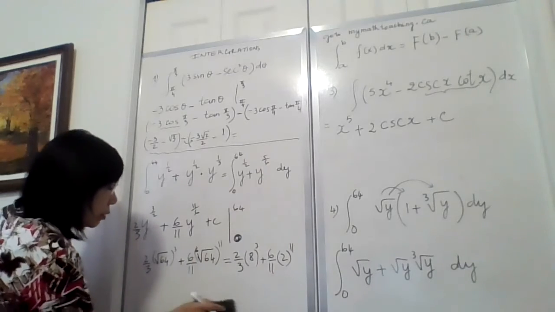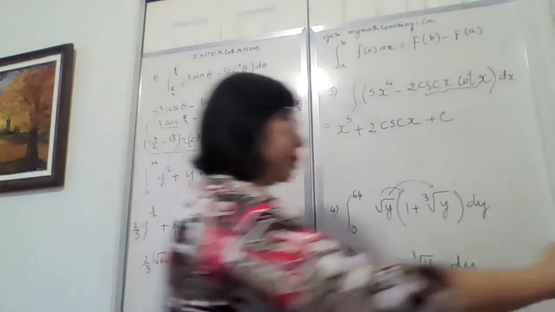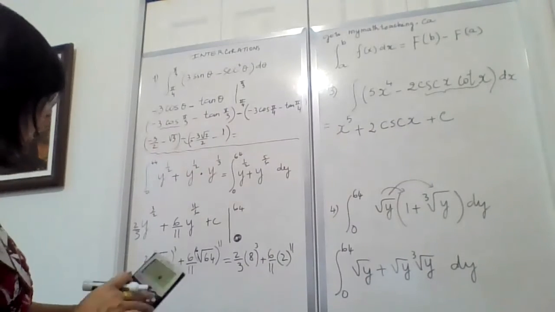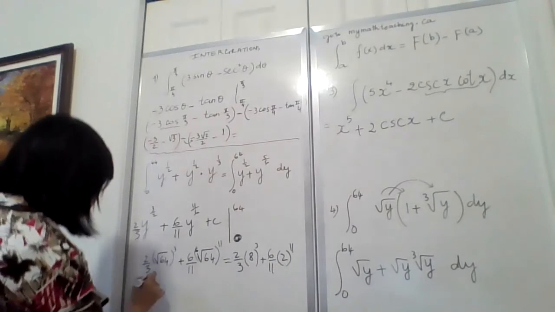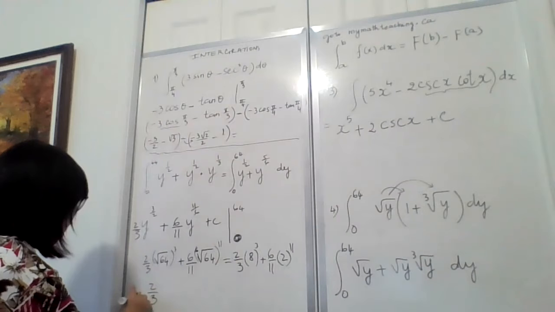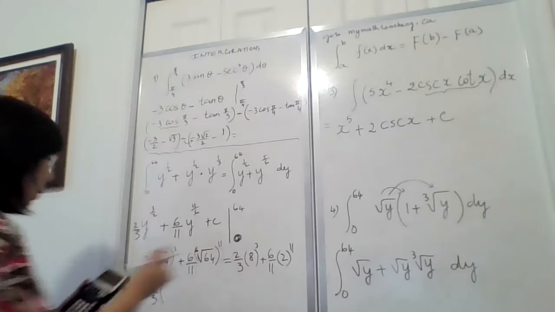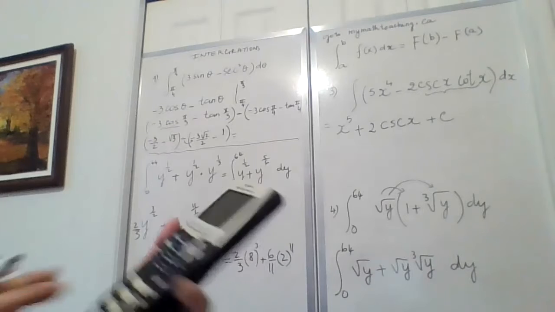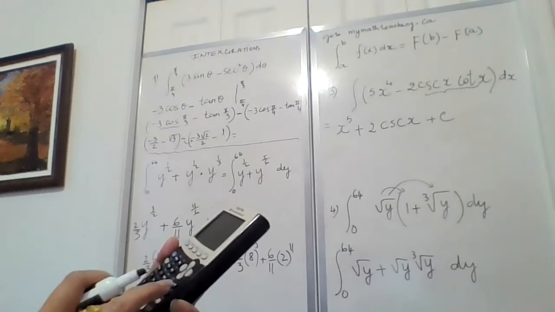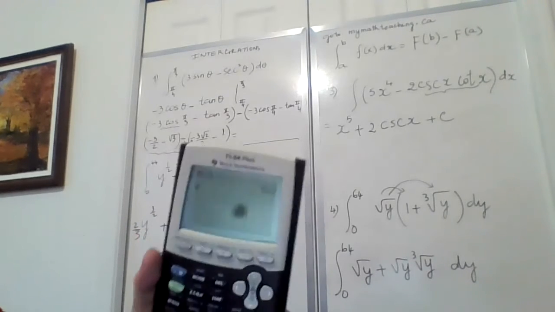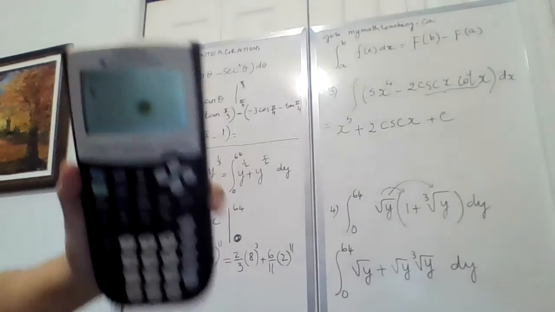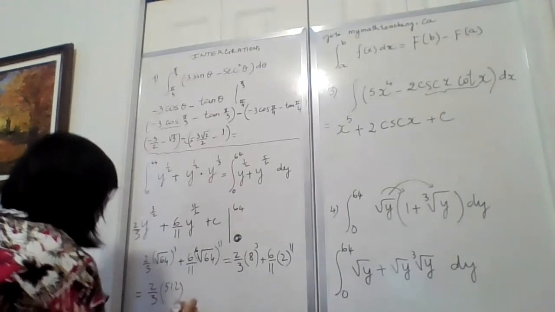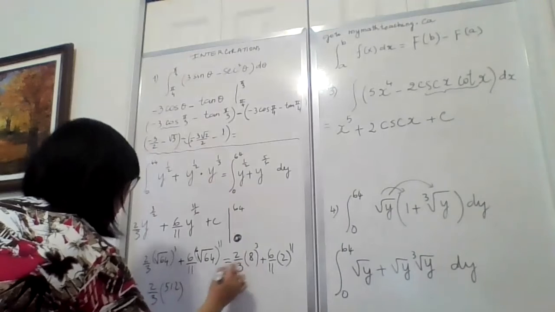So at this point, we have to do a little bit of using calculator. So this is 2/3 times with 8 to the power 3. 8 to the power 3 will be a big number, which is 512. So that's done with this one.